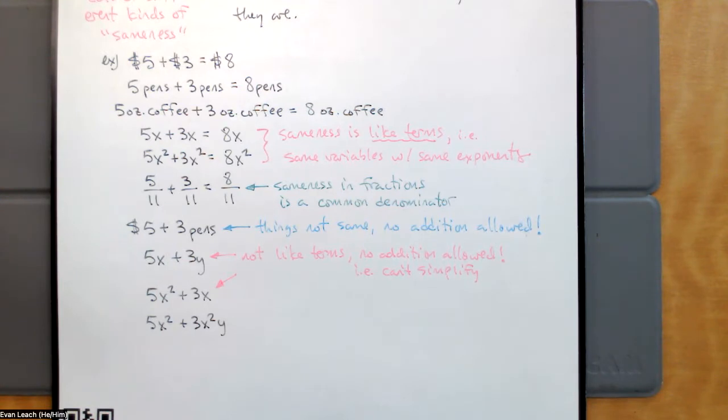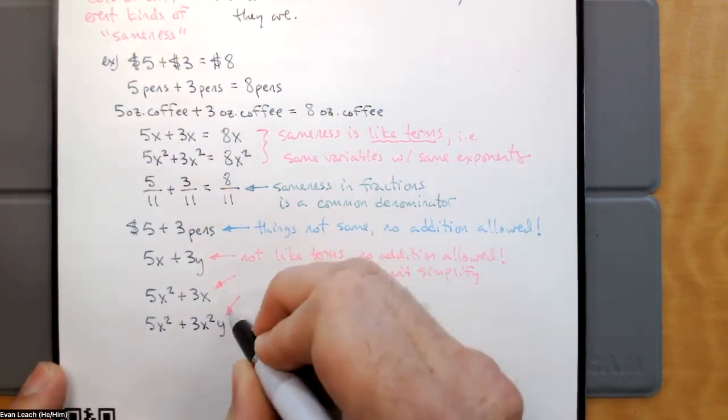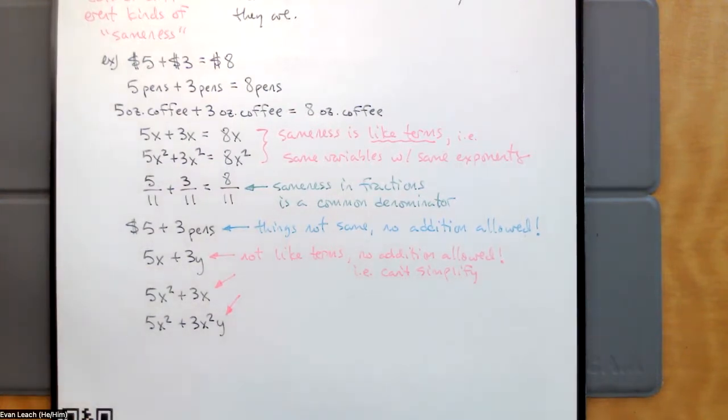They don't have the same variables with the same exponents. Once we have values for x and y, then we can plug those in, turn everything into numbers, then we can add. But as it stands, we can't simplify this expression anymore.